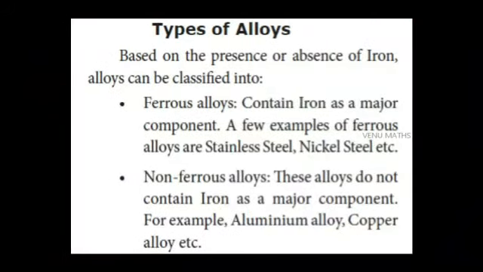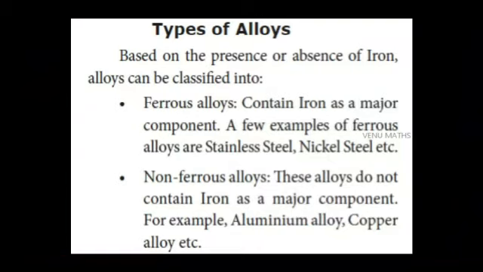Next, we shall learn about types of alloys. Basically, alloys can be classified into two types: ferrous alloys and non-ferrous alloys. In ferrous alloys, the metal iron will be the major component.